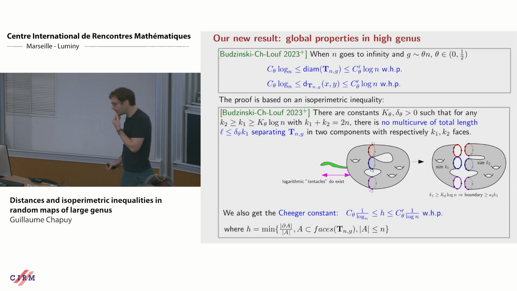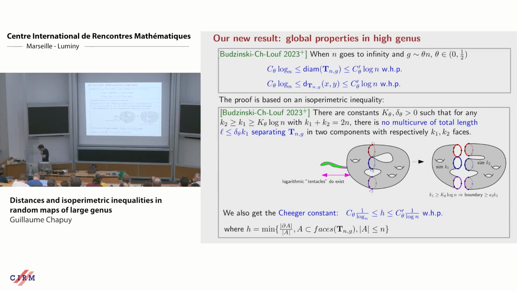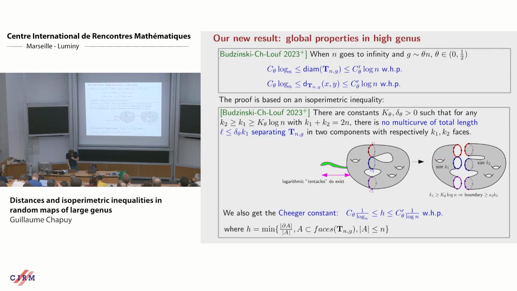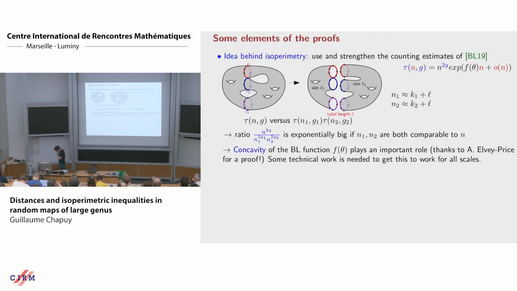Okay, so that's basically the results. And I want to say two words about the proofs, which are very, very fresh. Okay, so what's the idea behind isoperimetry? It's a little bit technical, but it's essentially based on counting.